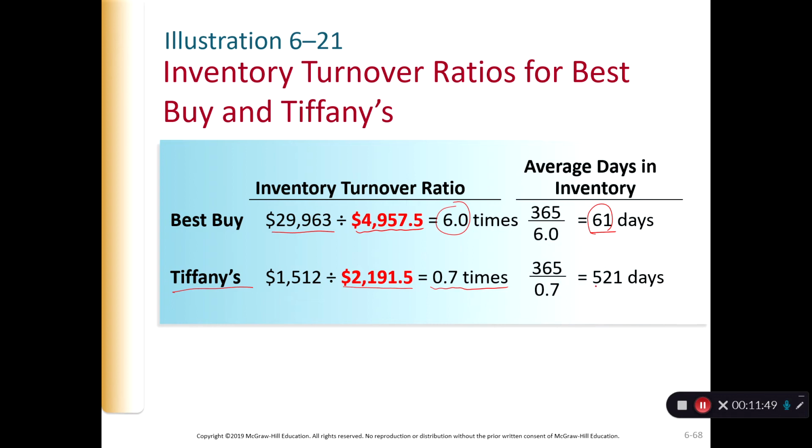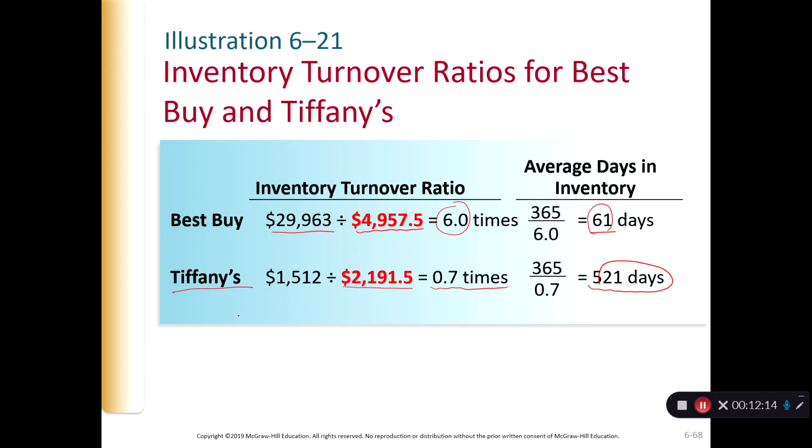Therefore, the holding period of each piece of inventory, each jewel in the Tiffany store, is almost 2 years in the warehouse, right? The average days the inventory stays in Tiffany's warehouse is about 2 years.